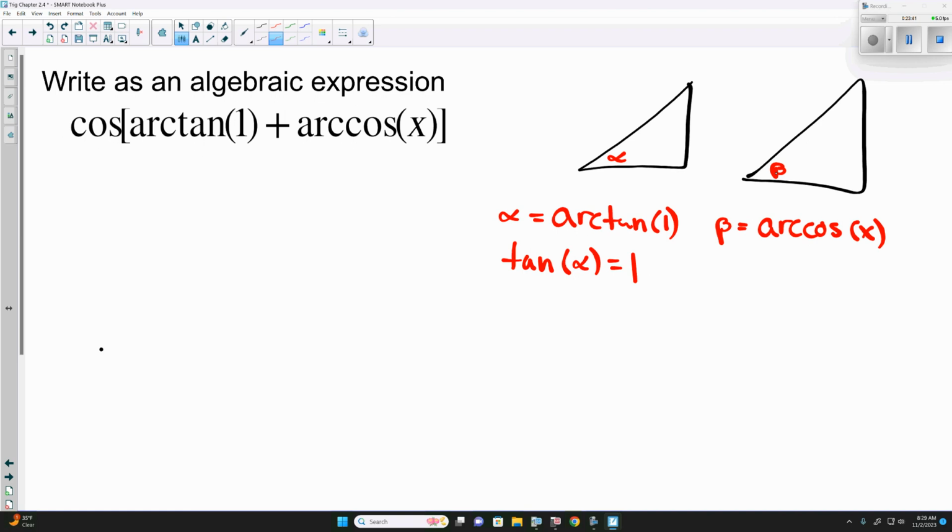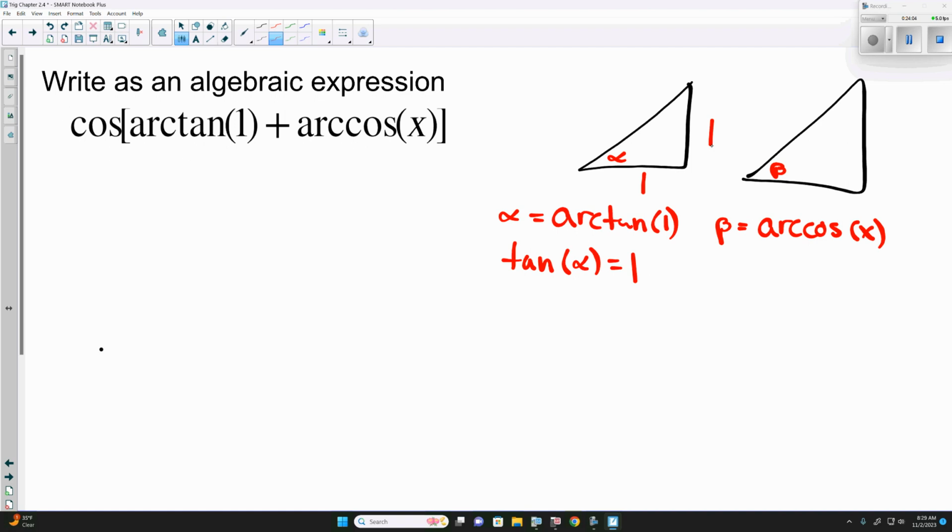And tangent of this angle equals 1 means the opposite and adjacent sides are the same. Because that's the only way we get it. Opposite and adjacent have to be the same. I could set it whatever I want because I could say it's 2 and 2, but 2 over 2 reduces to 1. So might as well leave it in a simpler form and say 1 and 1.